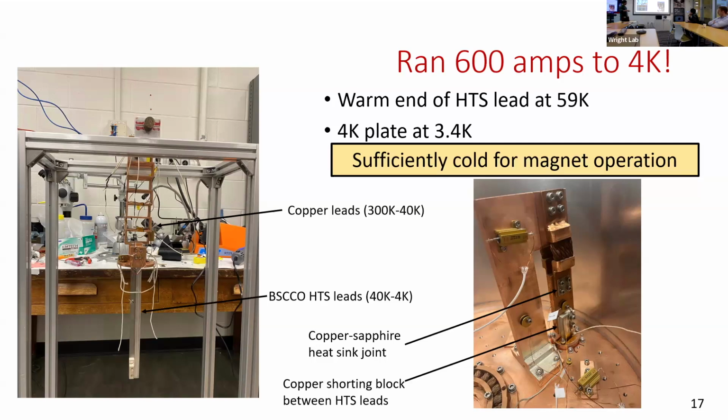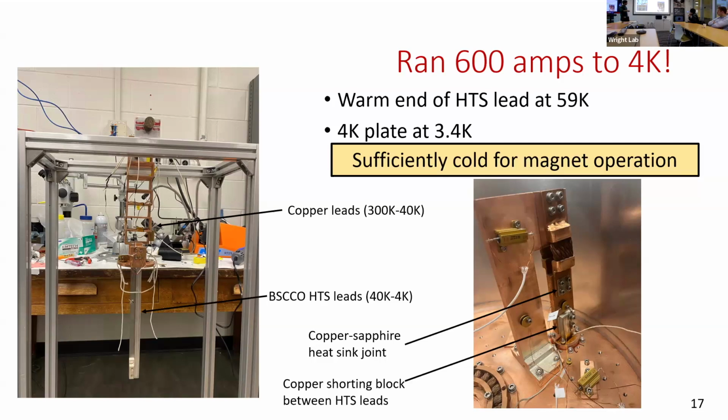These get installed in the cryostat, and we have a block of copper shorting the 2 leads, not even an inch apart there. And then this is a copper sapphire heat sinking mechanism, because when we have resistive heating, that heat needs to go somewhere to avoid very large thermal gradients.